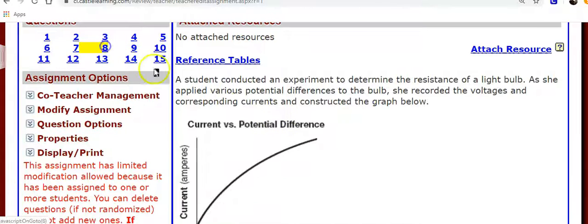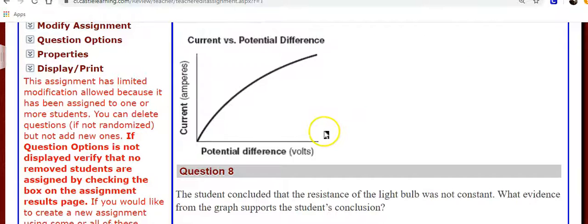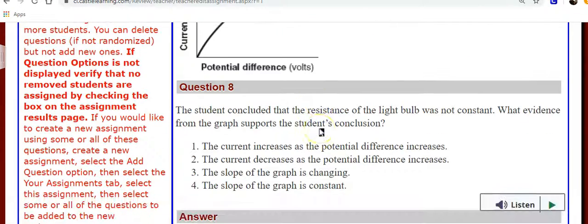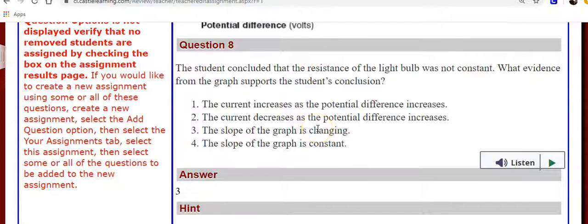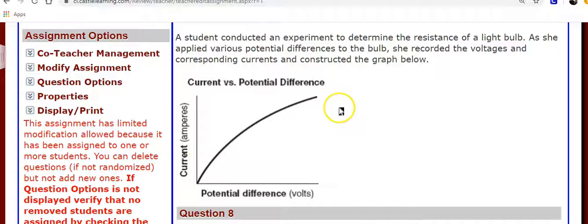And let's take a look at question number 8. It's the same light bulb, same graph, 3 times in a row, but they asked 3 different things. The student concluded that the resistance of the light bulb was not constant. What evidence from the graph supports this conclusion? Well, it's not a straight line graph. You don't have a constant slope when it's a curve. You have a changing slope.